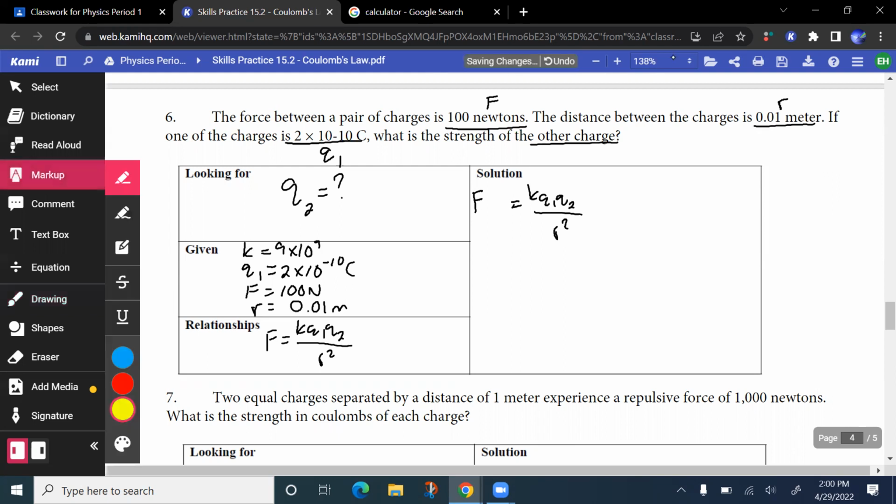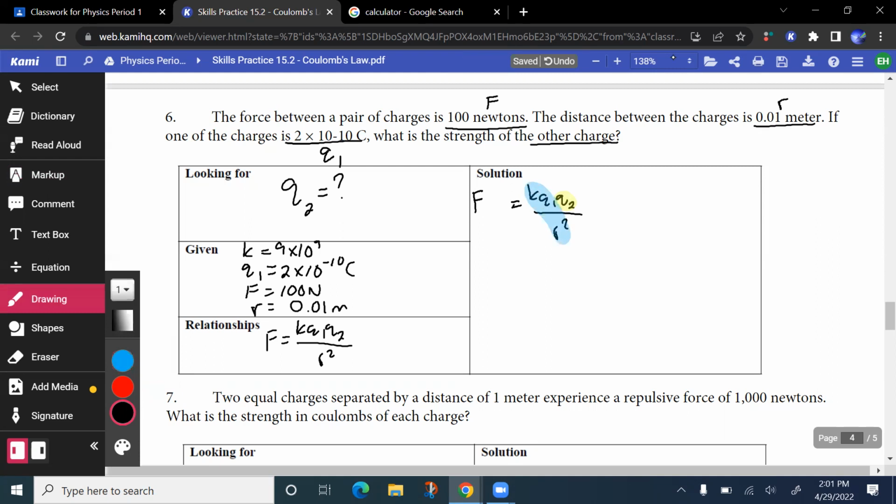Now keep in mind, you are trying to get Q2 by itself, which means you need to multiply by the reciprocal of what you're trying to get rid of, which is KQ1 over R squared. So we're going to multiply both sides by the reciprocal, which is R squared over KQ1.